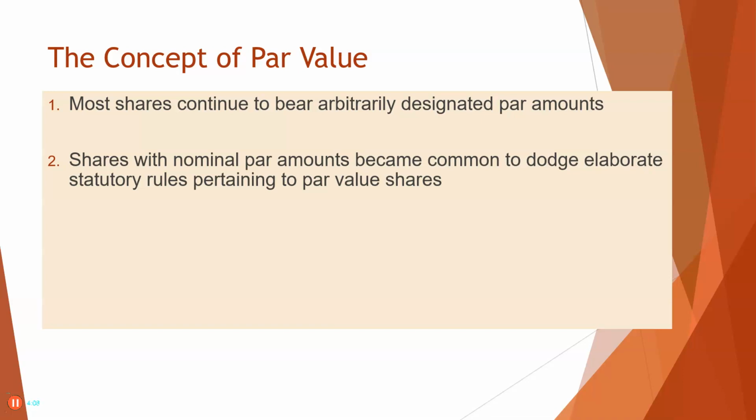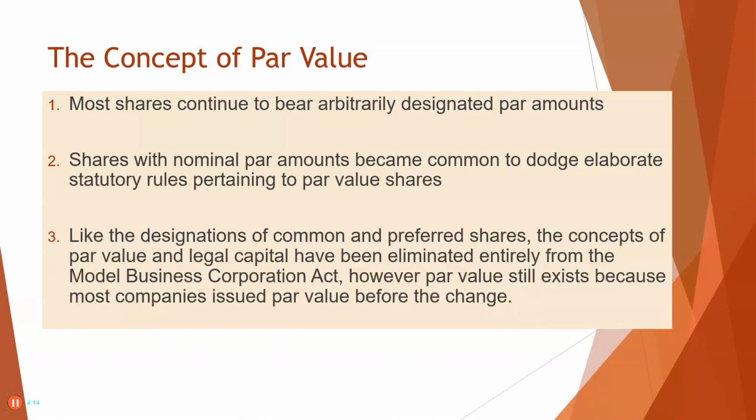So then, of course, what corporations did is they set the par value as like a penny or half a penny. Like the designations of common and preferred shares, the concept of par value and legal capital have been eliminated entirely from the Model Business Corporation Act. However, if you look at a lot of companies' financial statements, you'll see they still show par value.